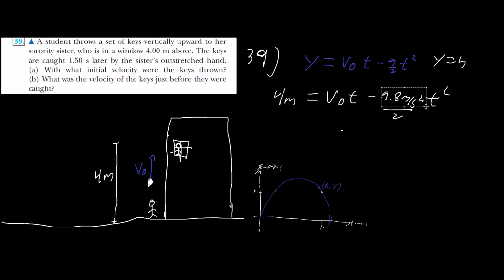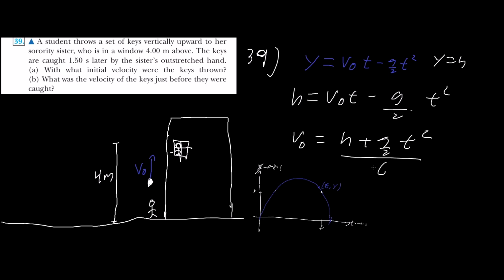Let's just put g and h to make it nice. So I'm going to solve for the initial velocity: h plus g over 2 t squared, divided by t. There we go. That's what we're solving for.